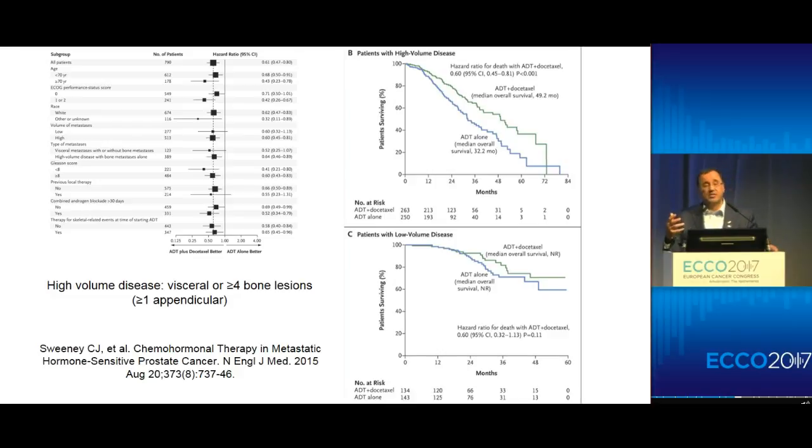If you have high volume disease, in other words, more than 4 metastases or visceral disease, then you should combine ADT with chemotherapy, right? So you can see how imaging is telling you to go one way or the other in the metastatic setting.